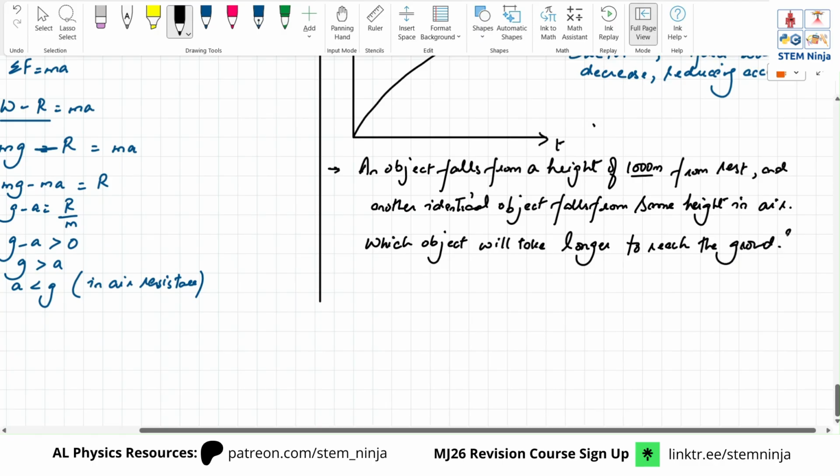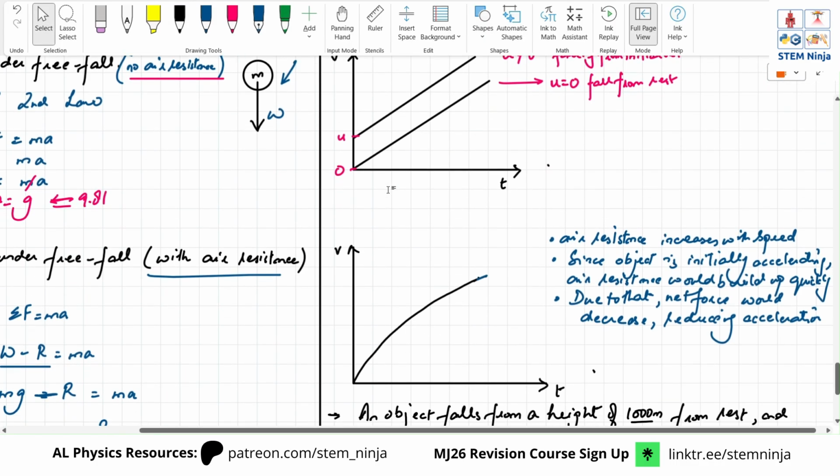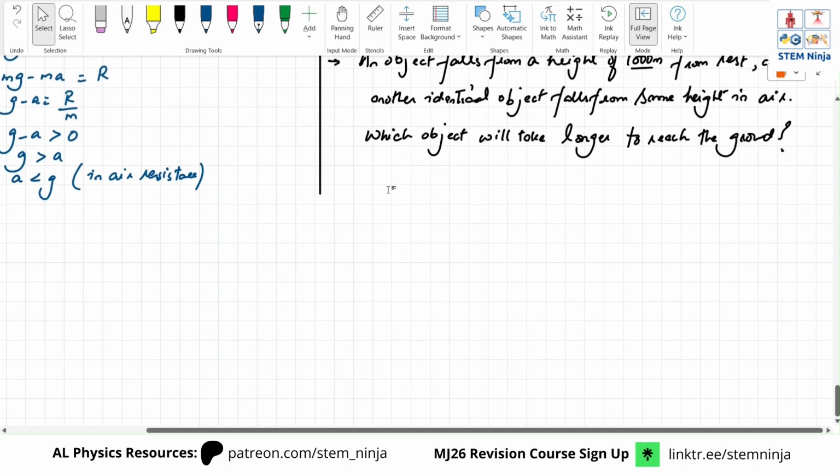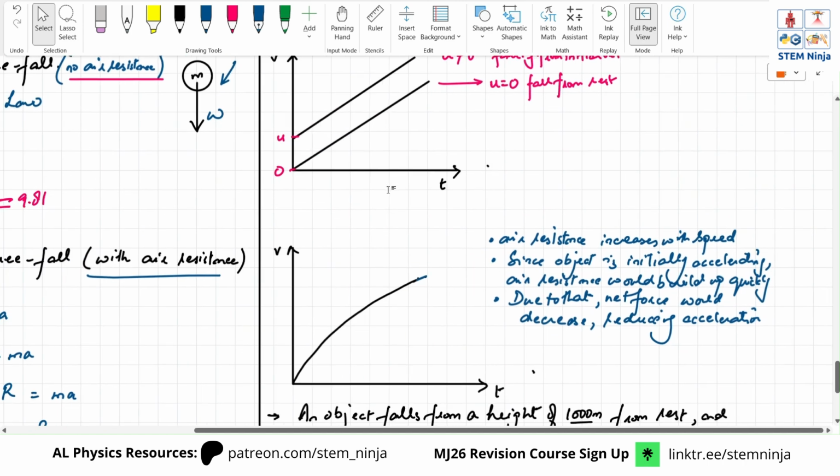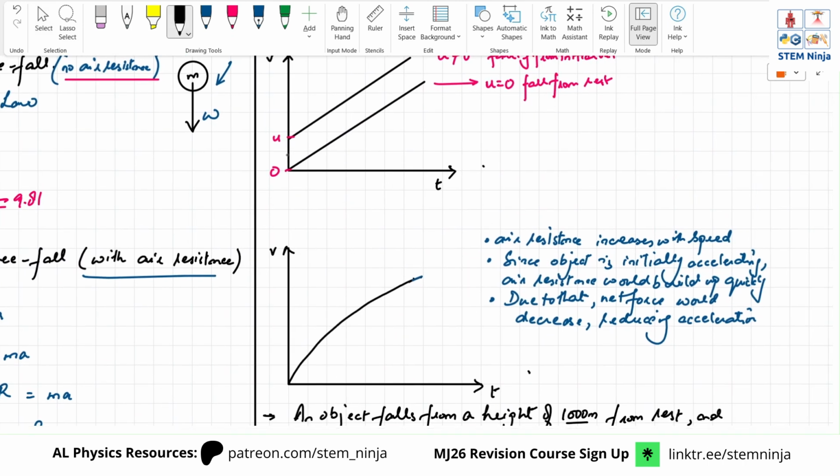To answer that, we can actually look at the graphs. So if we redraw the graphs, actually we can do this over here. I will make a different graph for this. So if this is initial velocity fall from rest without air resistance, and this would be the graph with air resistance.